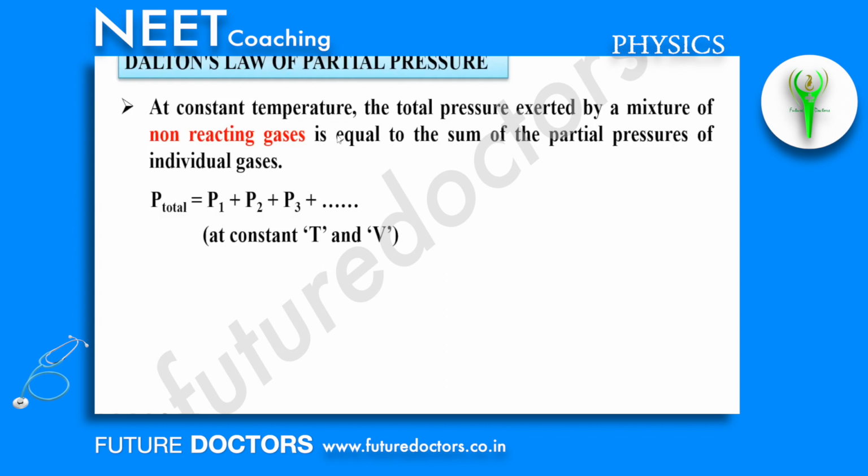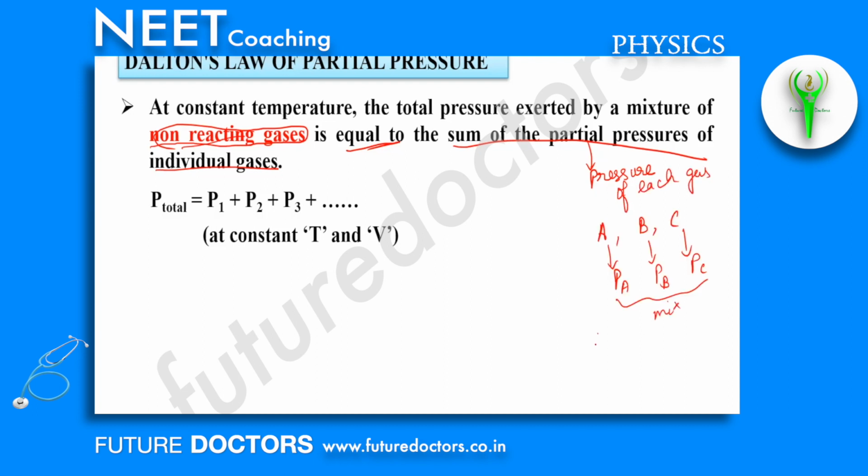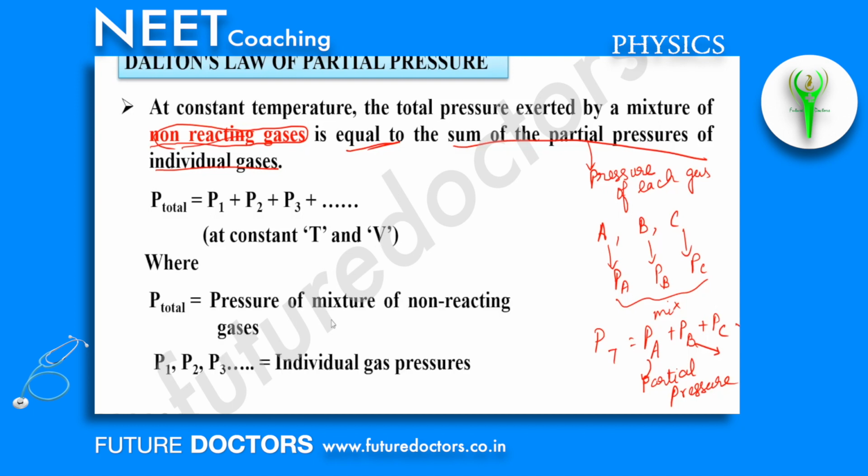At constant temperature, the total pressure exerted by a mixture of non-reacting gases is the sum of the individual pressures, PA, PB, PC, called the partial pressure of gas A, gas B, gas C. So P total equals P1 plus P2 plus P3 at constant temperature and volume, where P total is the pressure of the mixture of non-reacting gases, and P1, P2, P3 are individual gas pressures.